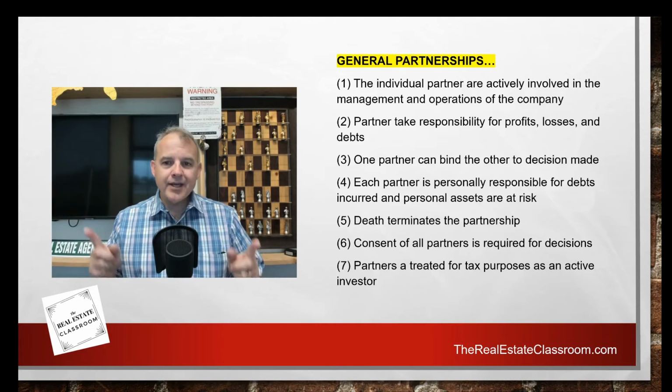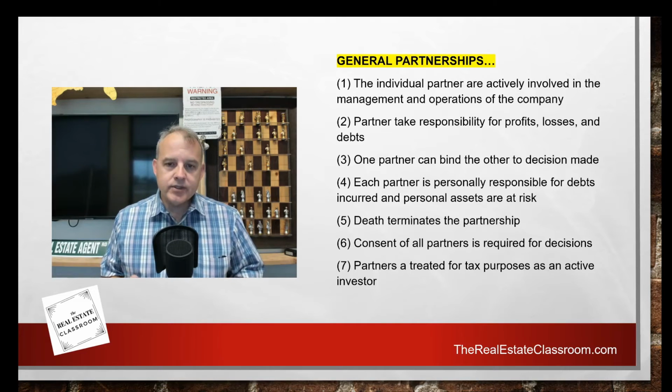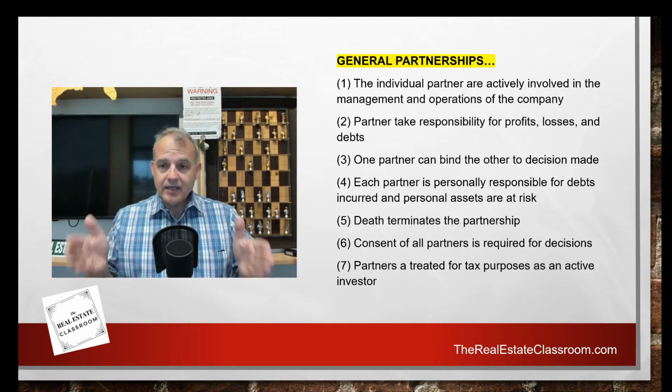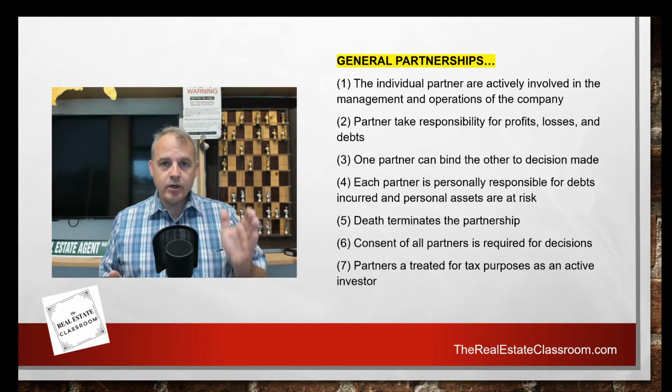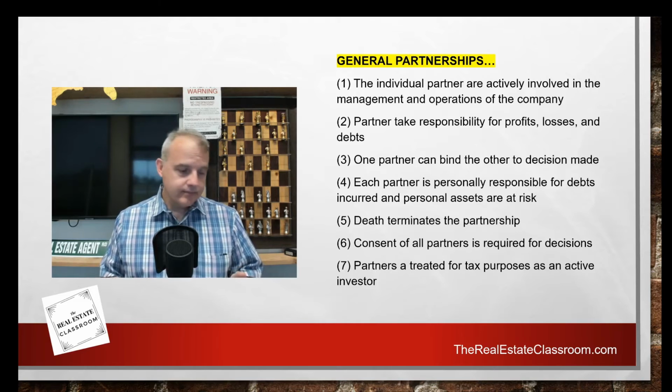And one partner can bind the other to a bad decision. So let's look at number 6. It says consent of all partners is required to make a decision. So let's say that all three partners in this partnership agree that they're going to get a $500,000 line of credit, right? So they get the line of credit set up, and then general partner number 1 drains the account and takes off to Brazil.